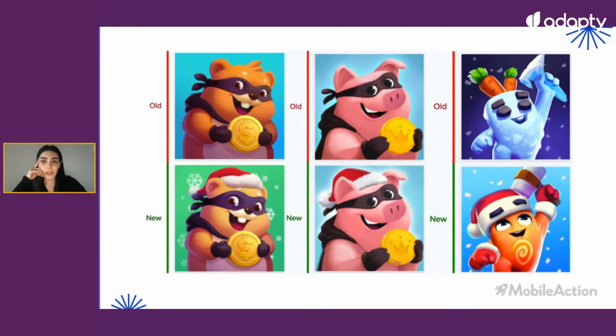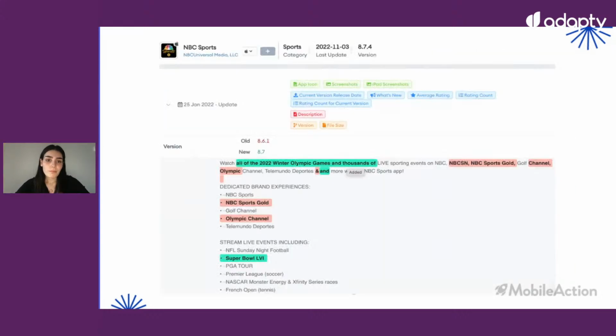They basically made a small change in their icon. They just added some snowflakes on the background and put a hat on the icon. So that was a great example of how we can leverage seasonality during Christmas in your app icon and so on.